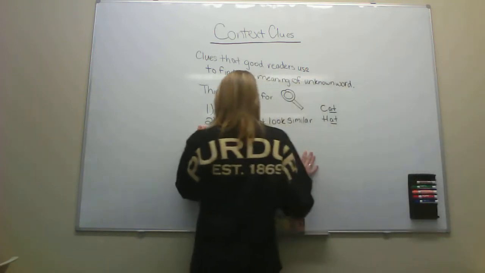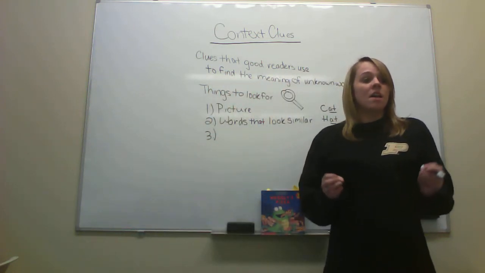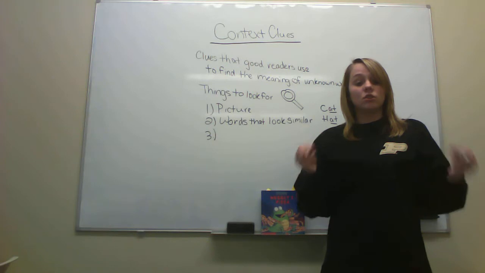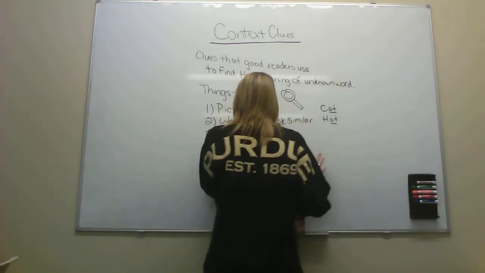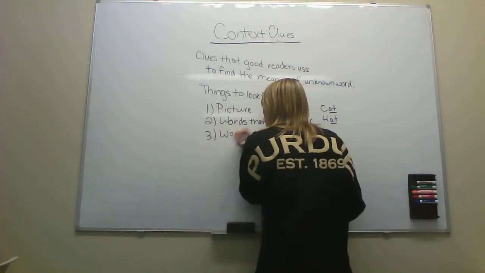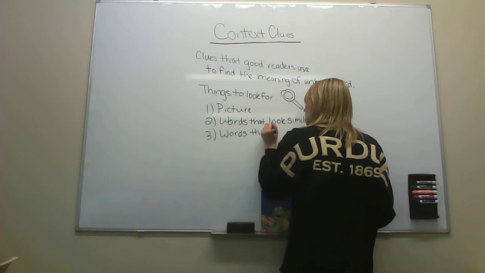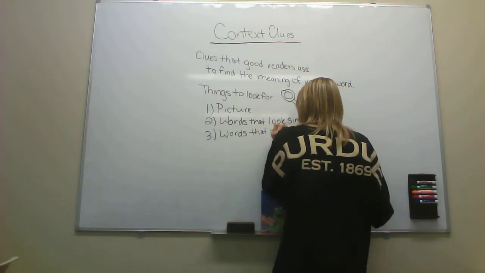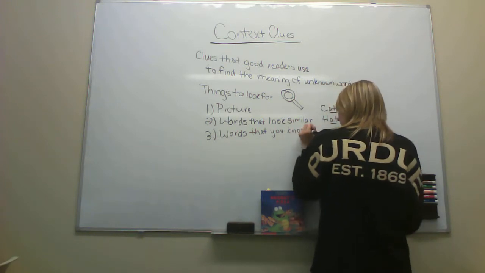So the third thing that we need to look for are words that you already know. That could be something that we've had on our word wall, or that you have seen in another book, that you already know what it is, that might be able to help you figure out what that word is.